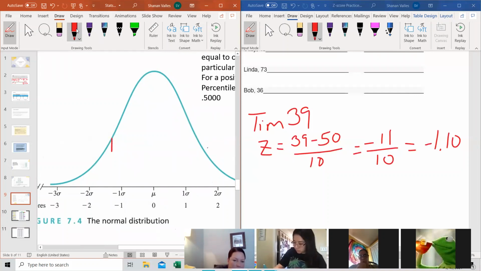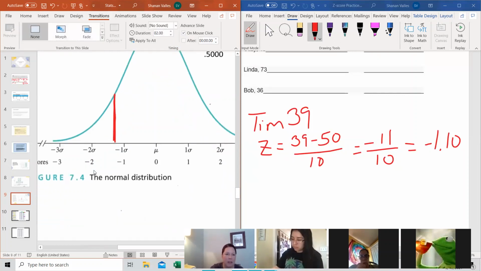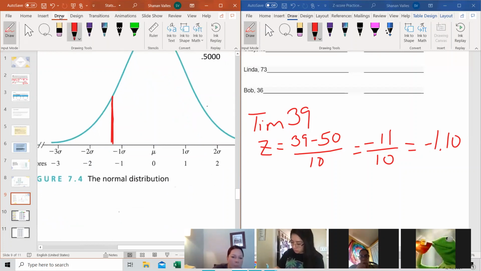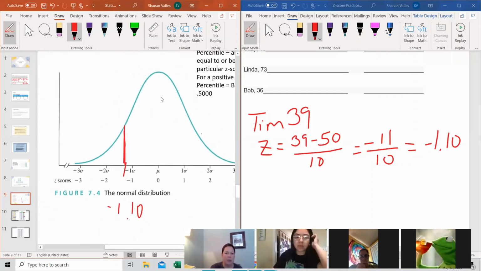It's not going to be too far off. That's probably too far away, but again, we don't care. We'll say negative 1.10. Okay, so now back to visualization.